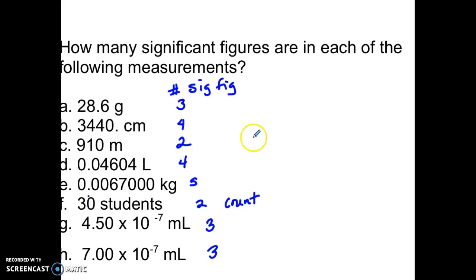One thing that comes up, and I just want to make sure that you guys are aware of, if you had something like 910 and you want to indicate that this is the guessing digit, you could put a decimal place right there. Sometimes scientists would even just underline that, or you could put this in scientific notation.